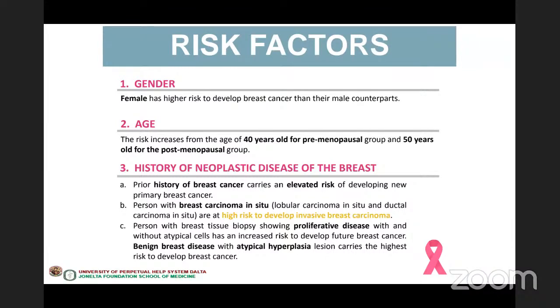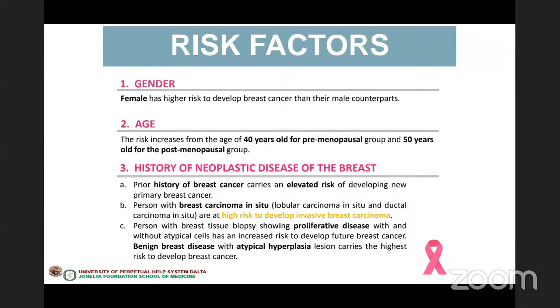Prevalence, most common would be your intraductal carcinoma, followed by your ductal carcinoma in situ. There is increased incidence because of the increased use of mammographic screening and early cancer detection.